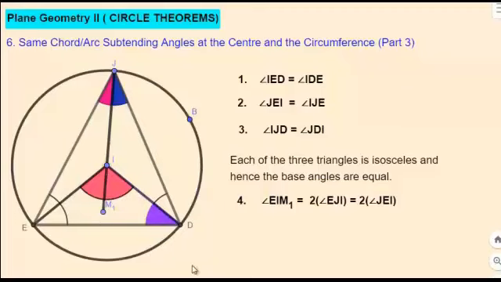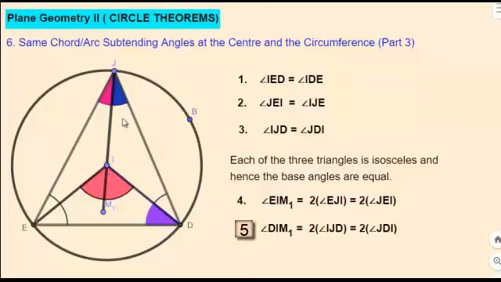So you can say that angle DIM1 is equal to 2 times angle IJD, or because the angle IJD is equal to angle IDJ, we can also multiply angle JDI by 2 to get angle DIM1.